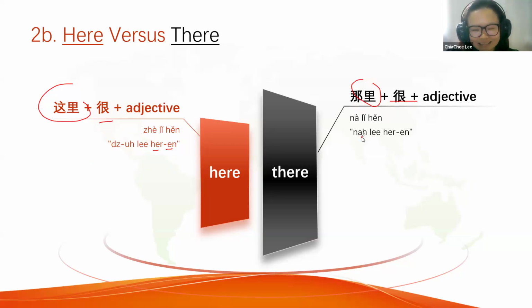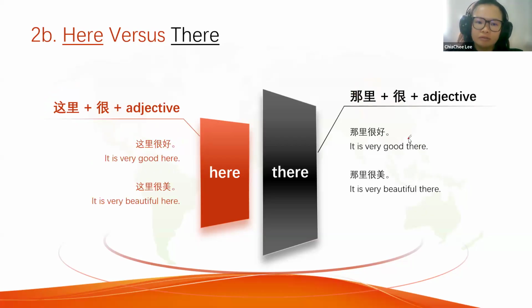Na as in na, Li as in my surname, third tone. 那里很, 很 is like hen, third tone.